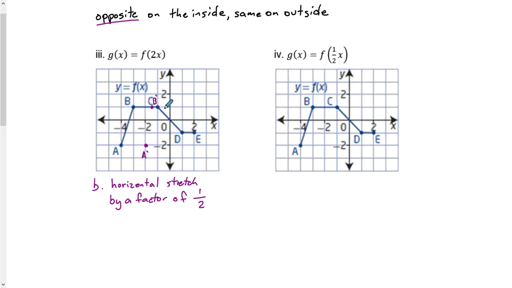Instead of C being 1 over, it's going to be half. Instead of D being 1 over, it's going to be half. And instead of E being 2 over, it's going to be 1 over. So there's D prime, there's E prime, and a horizontal stretch looks like that.